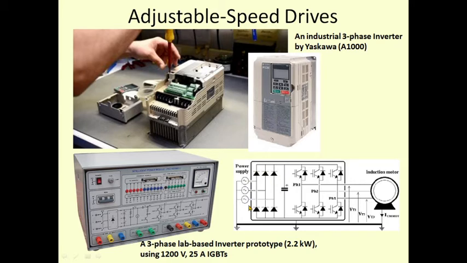This is nothing but the rectifier circuit, so we get a DC at this port. Then this DC is converted into AC. That means this portion is the inverter, and these are controllable switches. We can control the voltage across the terminals of the induction motor.